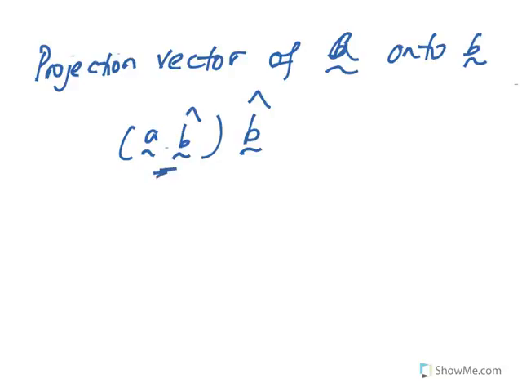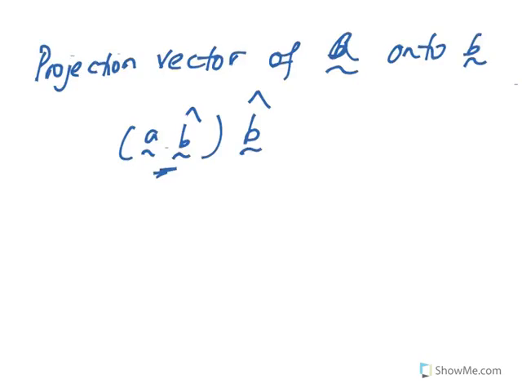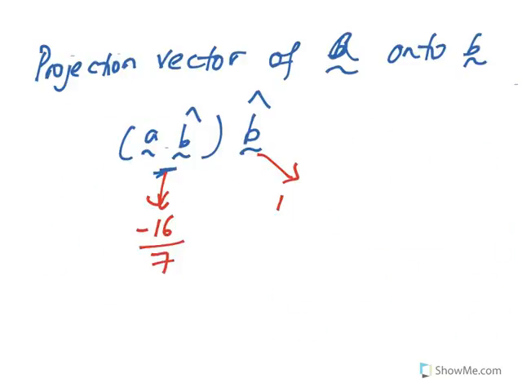A dot B hat we actually found just now. Can you see that we have found it here? A dot B hat is your negative 16/7. What is B hat? B hat over here, again from here, is 1/7 of 2, negative 3, 6.